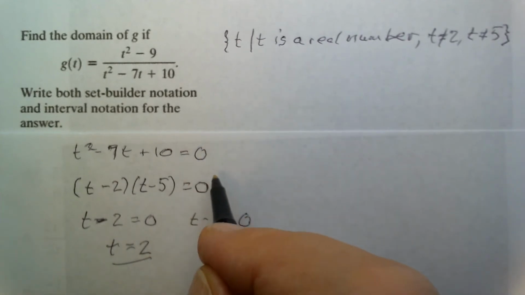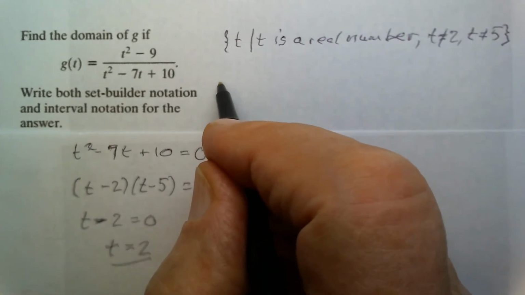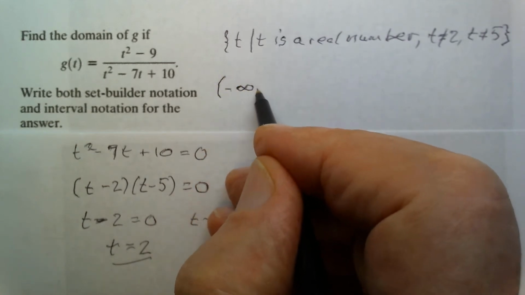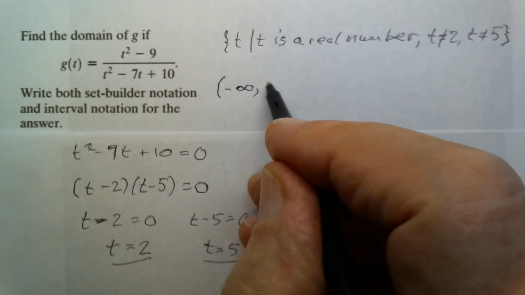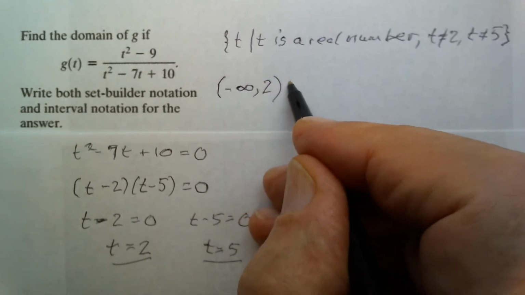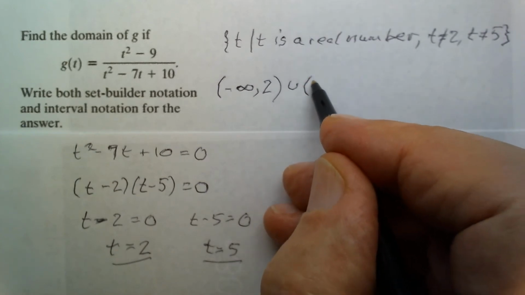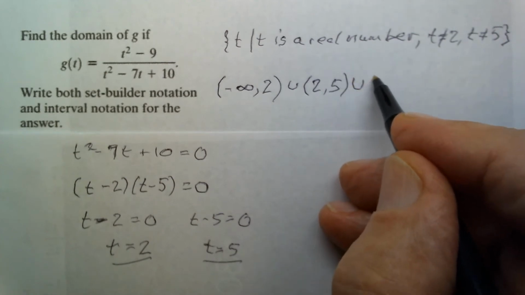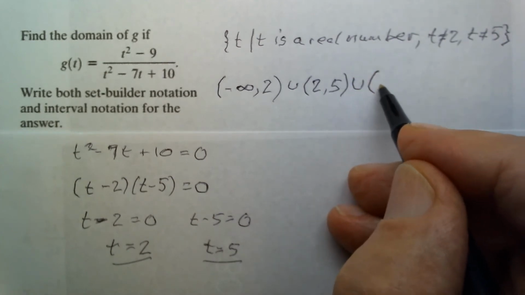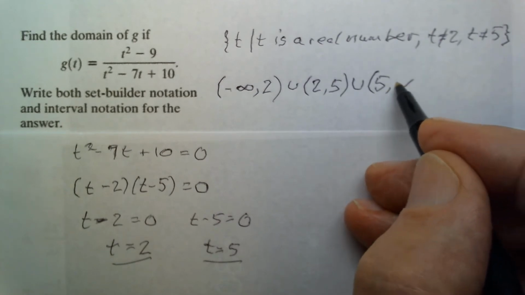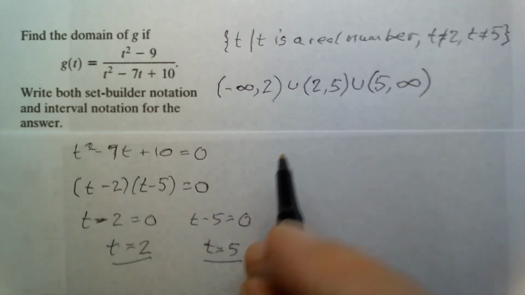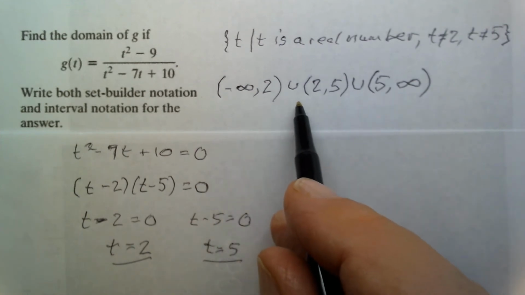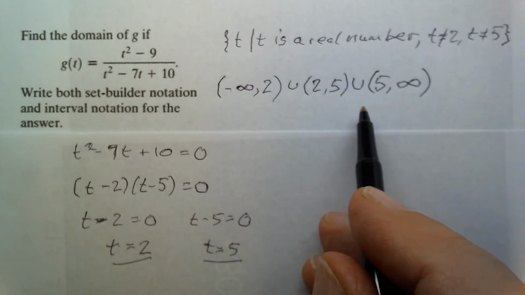In interval notation, it would be the interval from minus infinity to 2, union the interval from 2 to 5, union the interval from 5 to positive infinity. So what this does is cover the interval from minus infinity to plus infinity, but it leaves out t equals 2 and t equals 5.